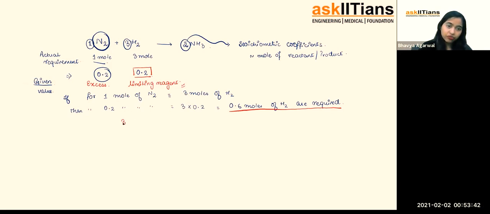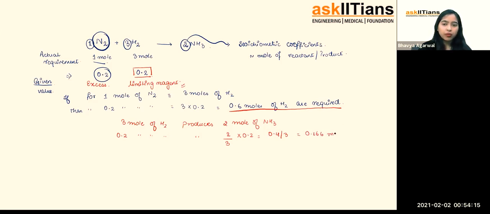So if 3 moles of hydrogen produce 2 moles of ammonia, then if I have only 0.2, how much will they produce? 2 by 3 into 0.2, which is 0.4 by 3, or 0.166 moles of ammonia.